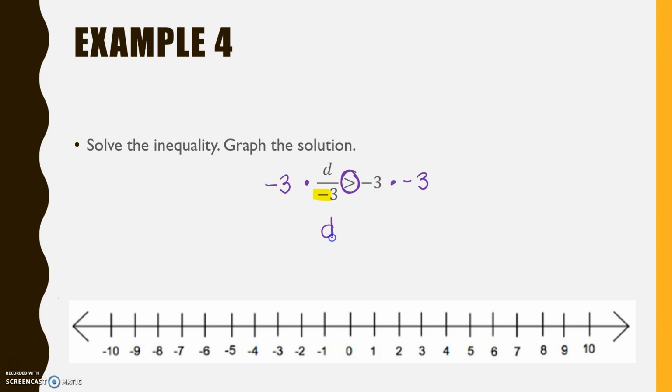So I'm going to get D is now less than positive 9. Put a circle at 9, leave it open because it doesn't have an equal to, and then shade all values to the left. And that's it.